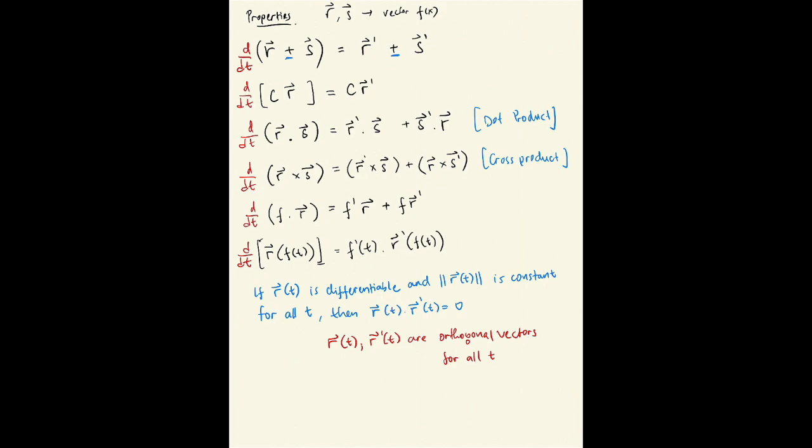But for dot and cross, my suggestion is if you have any dot product, you can dot product the inside first and then derive. It will be the same result. Same result.